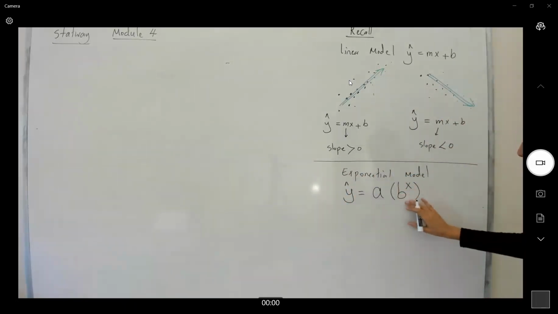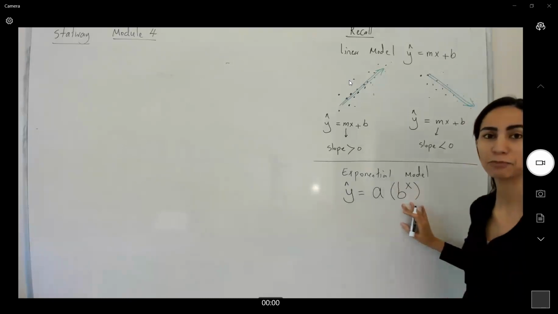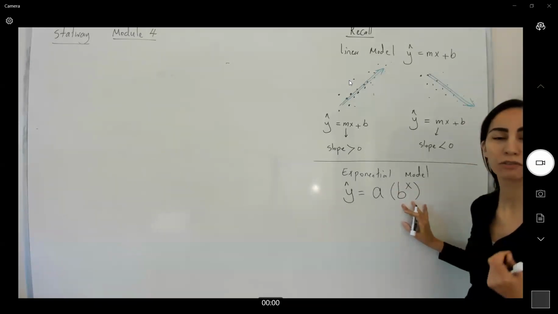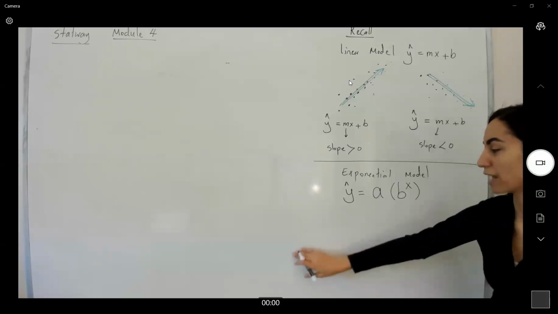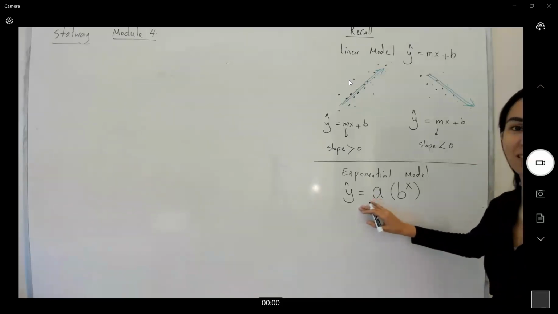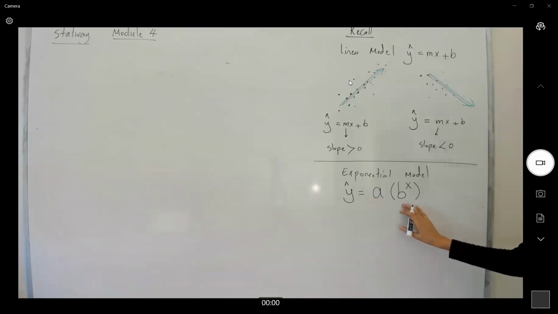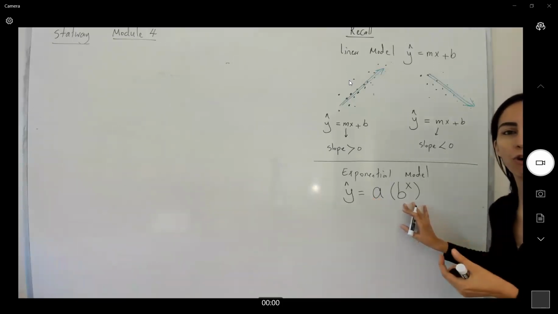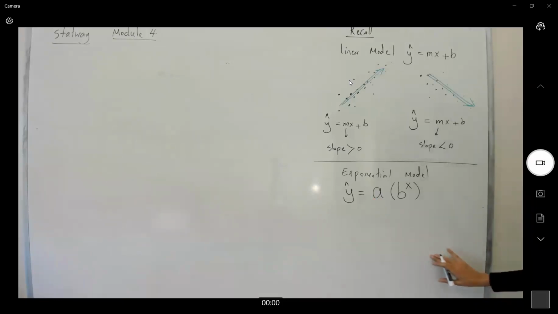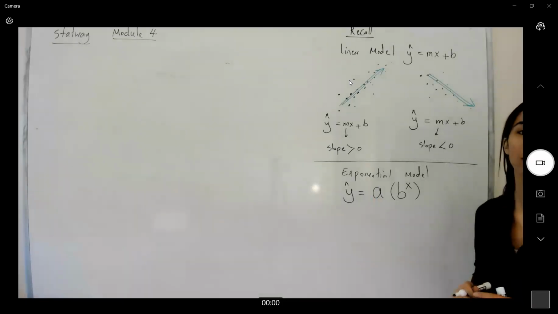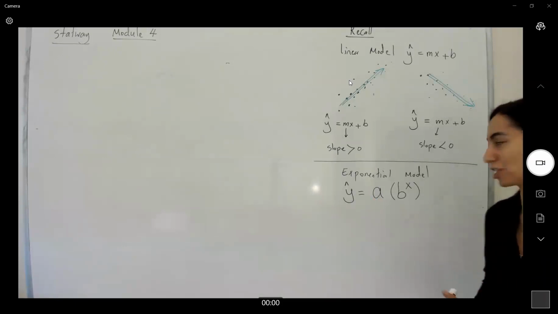Based on b, if b is a number greater than 1, we saw that we have an increasing pattern, like the population of rabbits. Or if b is a number between 0 and 1, you get a decreasing pattern, like the level of radiation.